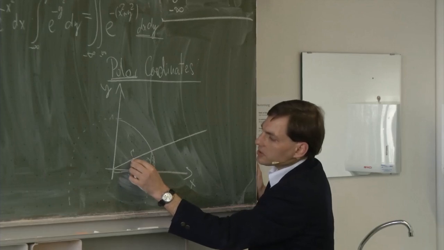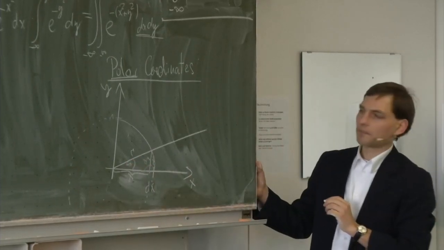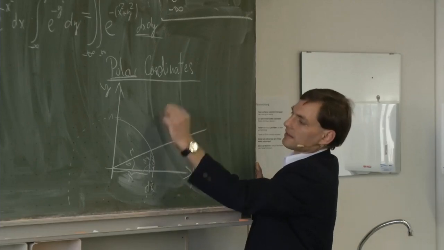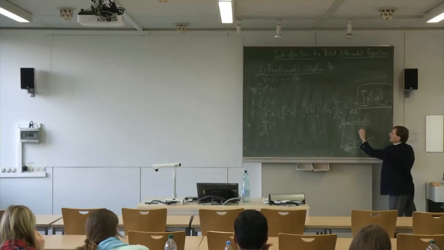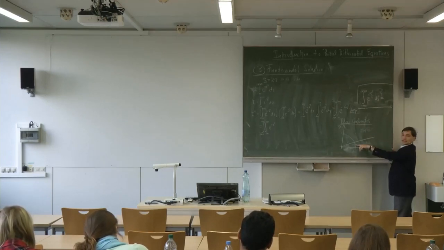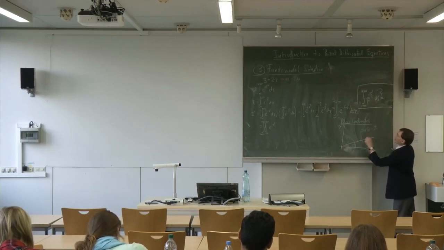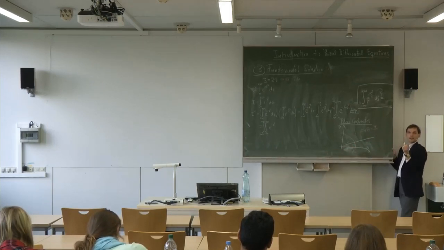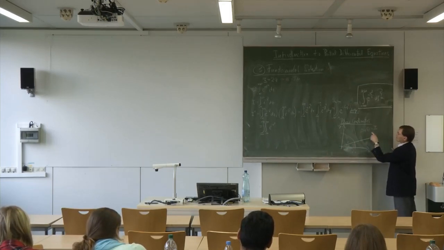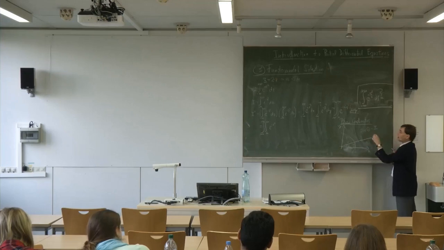This area can also be characterized because we have here an angle, let's call it theta. And we have sine and cosine. What is the sine of theta? It is y over r. No, that is the tangent, y over x. Sine is y, the side opposite the angle, over r.